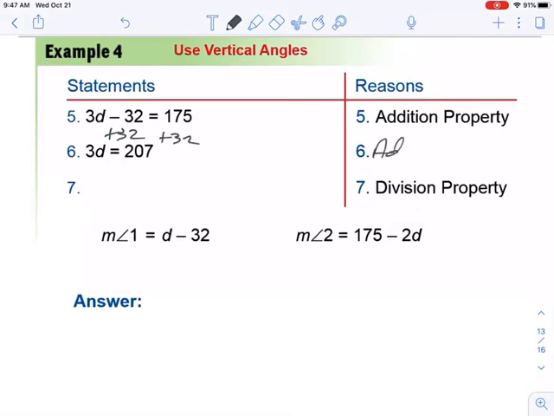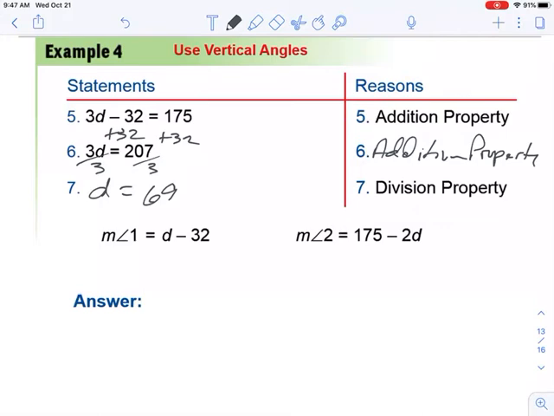Once again, addition property. And then now we're going to have d equals 207 divided by 3 is 69. Okay, division property. D equals 69.